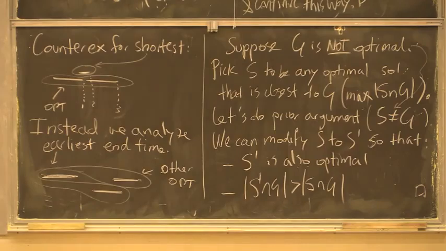How do you know you can modify it to have a bigger intersection? We just argued it up there, right? We just swapped out an element of S for an element of G to make them more like each other. When you make them more like each other, it means that there is one extra thing in their intersection.